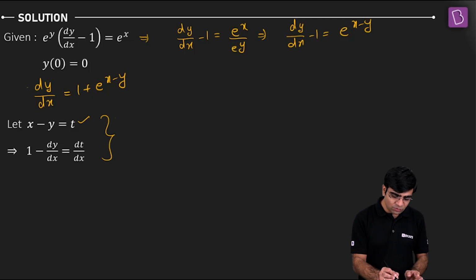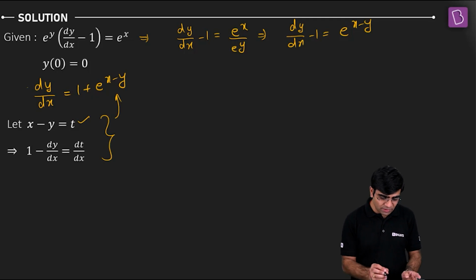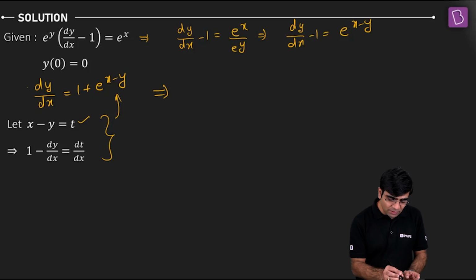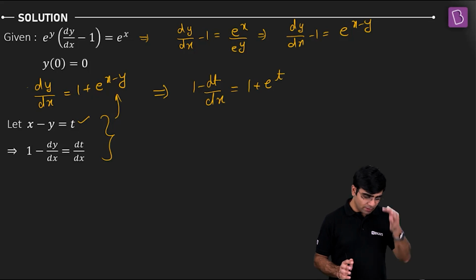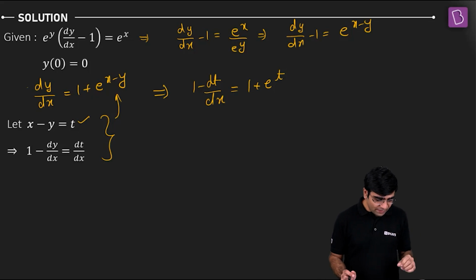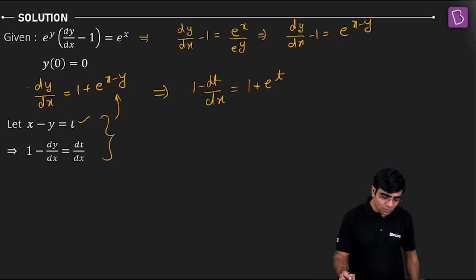After putting these values, dy/dx I can replace as 1 minus dt/dx, and that will become equal to 1 plus e^t. Okay, wow. So 1 minus dt/dx is equal to 1 plus e^t. So this 1 and 1 will get cancelled.